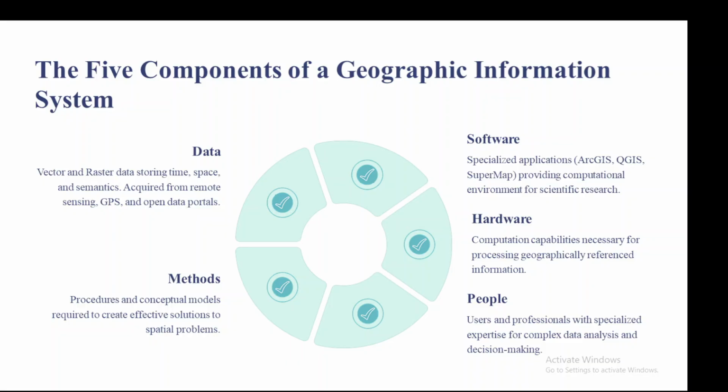Now, the other thing that we were talking about is called people, and I will call it skilled people. Somebody who doesn't have an understanding of data, or of the concepts lying behind this data, or of how to utilize software, will definitely not be able to fit in this framework of five components of GIS, isn't it? So, skilled people.